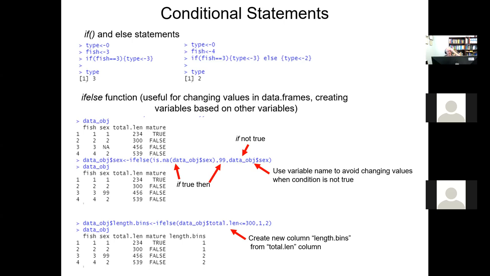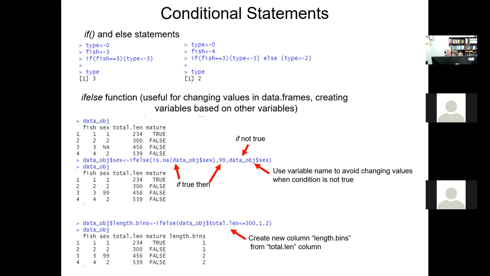Within this if-else statement, there are several positions that you have to have. The first position, shown here as is.na, is the condition that you want to examine. In this case, we're looking within data object sex, and is.na is looking for any missing values within that column.